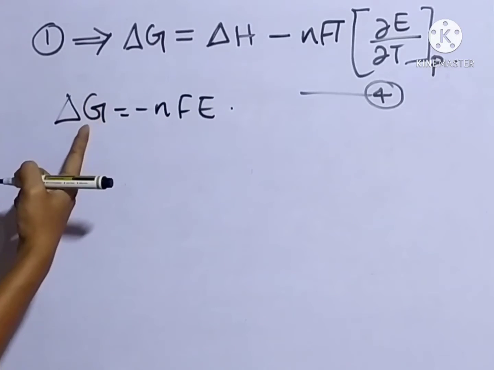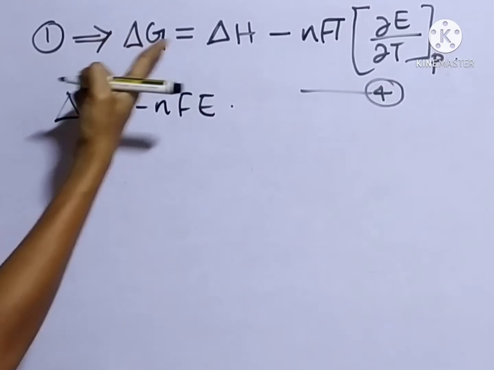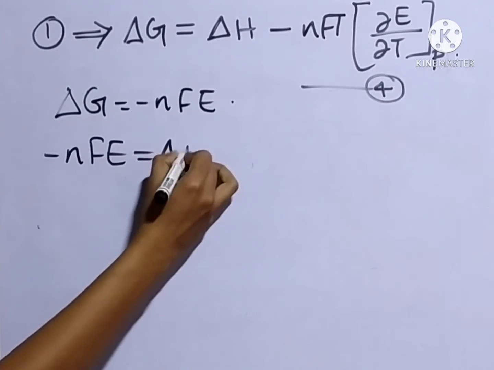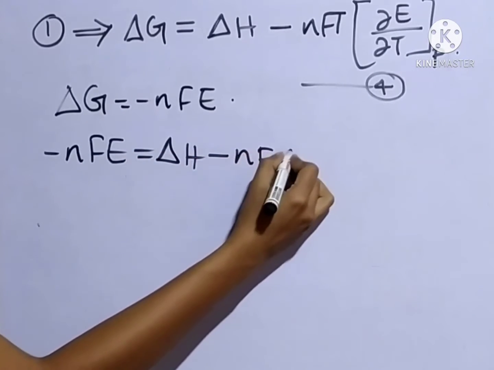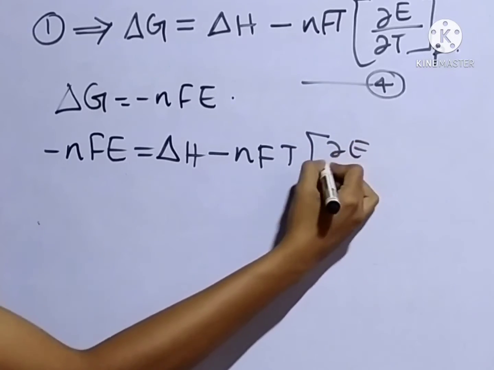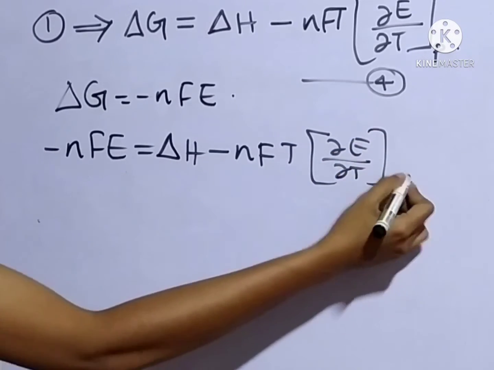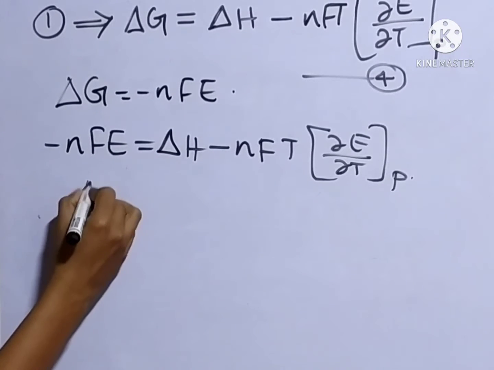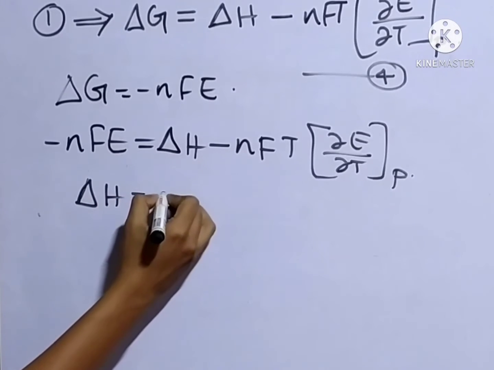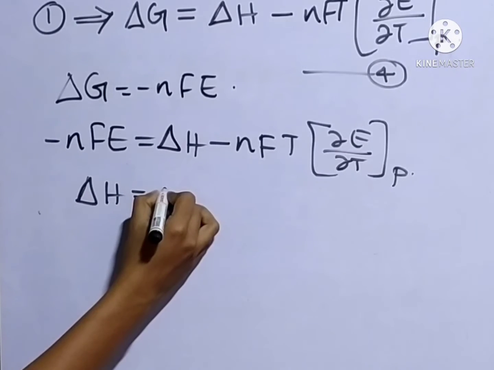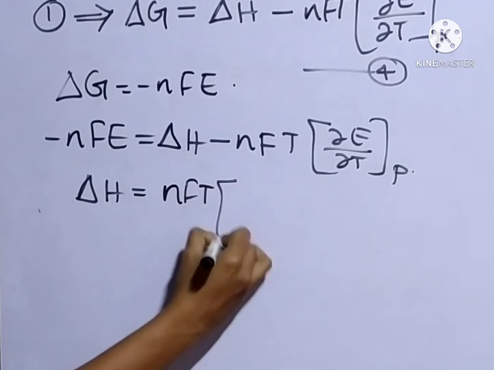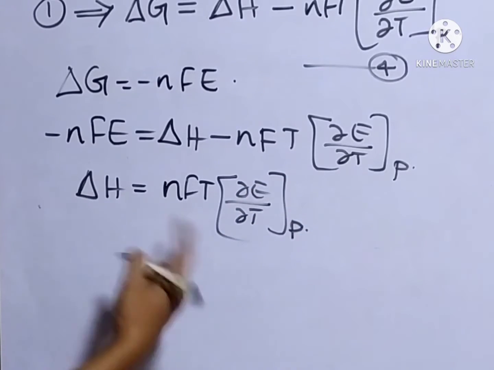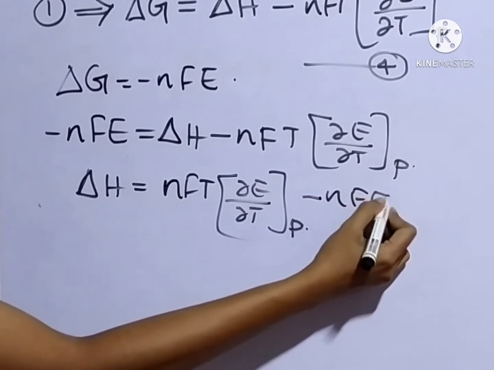If we substitute the NFE value here, we get minus NFE equals delta H minus NFT dou E divided by dou T. If I bring the NFT term to one side, I get delta H equals NFT dou E divided by dou T at constant pressure minus NFE.